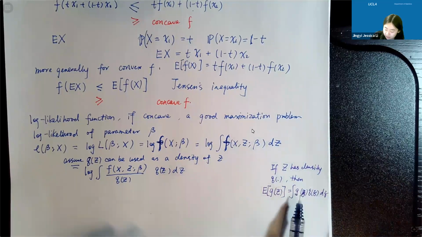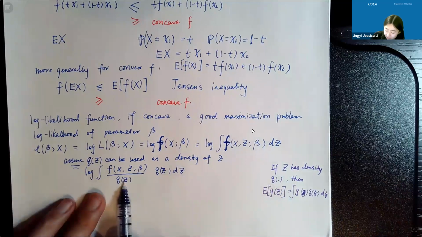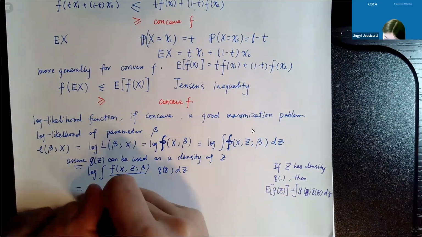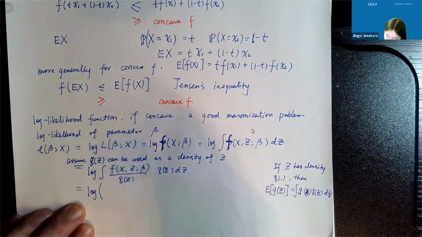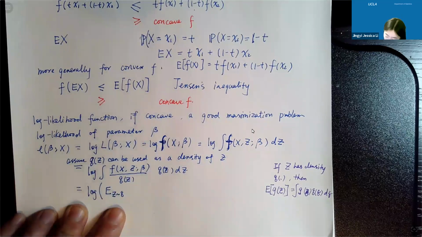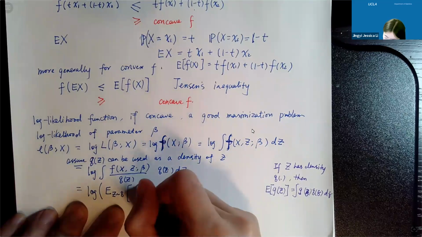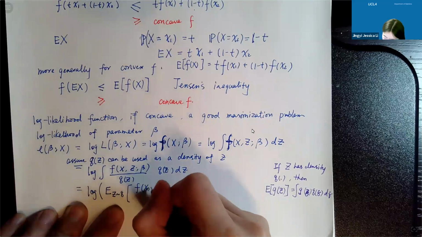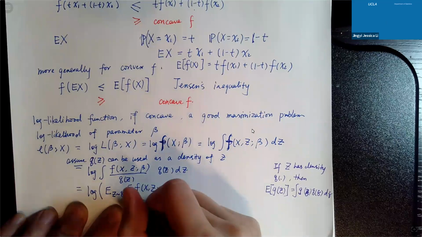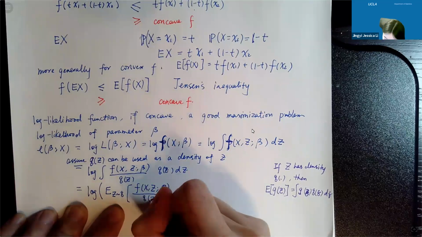Based on this argument and applying it here, we write this part as the log of the expectation, for Z following density q, of f(x, z, beta) over q(z).